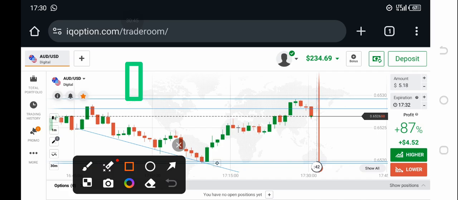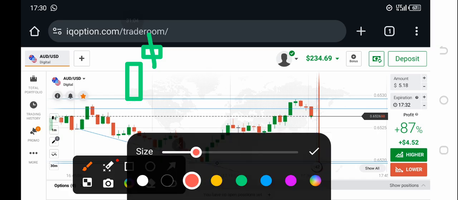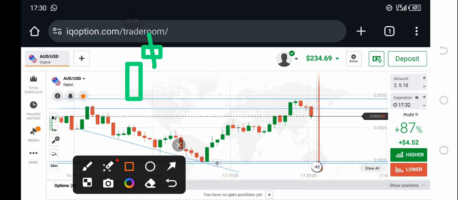After spotting that strong bullish candlestick, we now spot a small candlestick, a spinning top with upper and lower wicks.